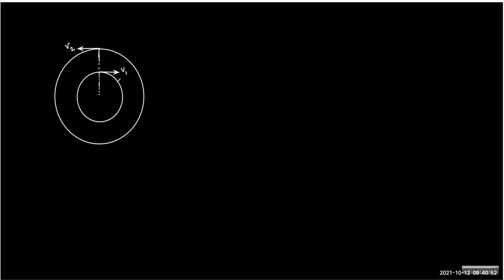And right now they are aligned, and the radius you can call it A and B. So after what time from now, if I call it t equals 0, will they be aligned again? Like not this, I mean the alignment means the center, the particle 1 and the particle 2, all three are aligned again. After what time? Tell me.